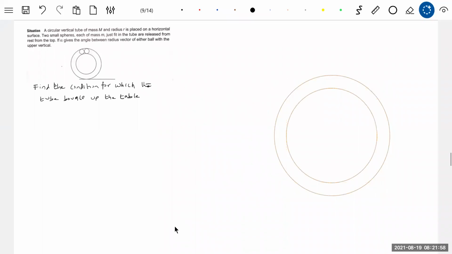Okay, my vertical tube got over. There are two balls. I'm going to release them. They can slide.